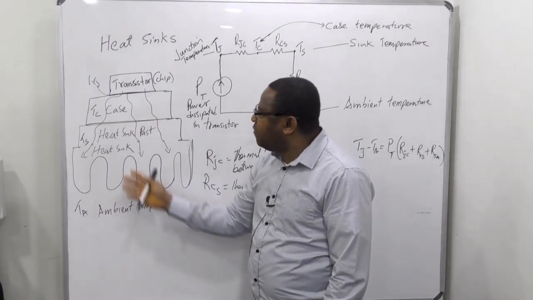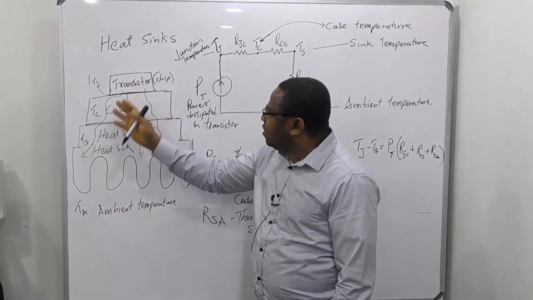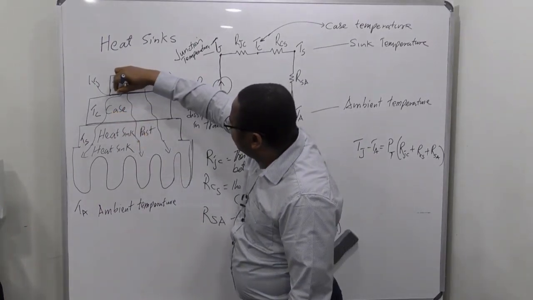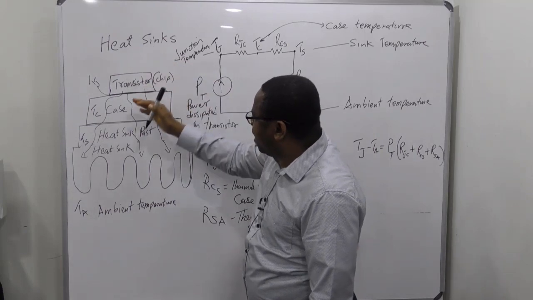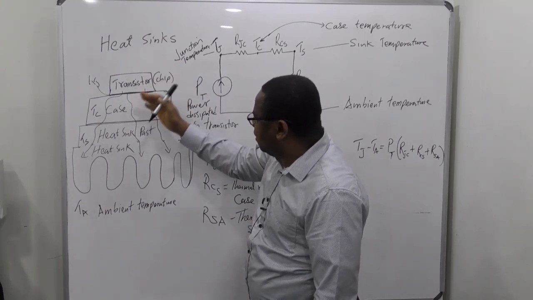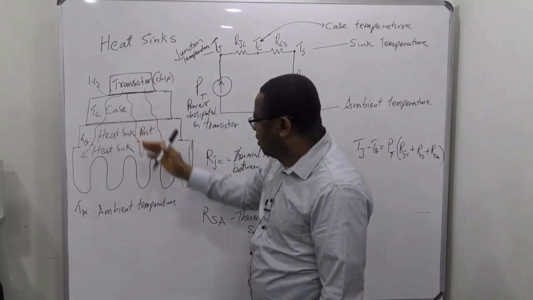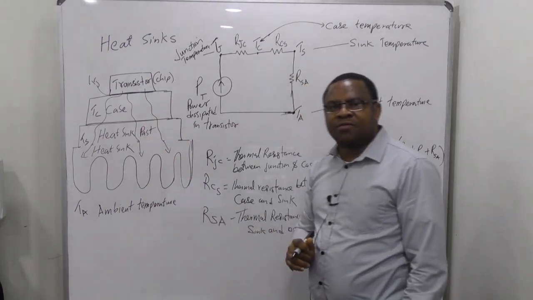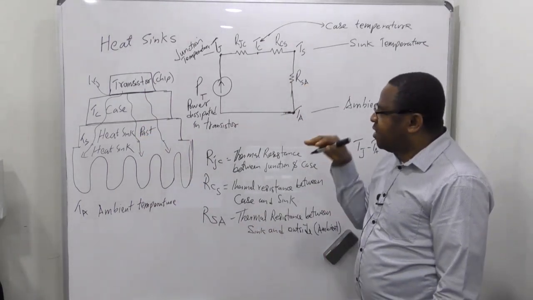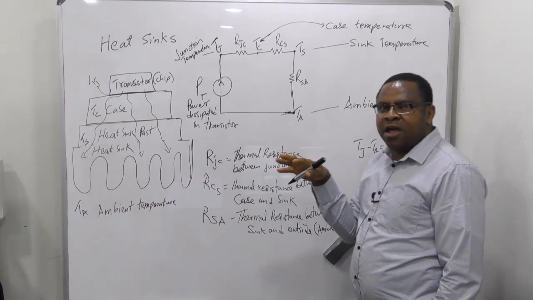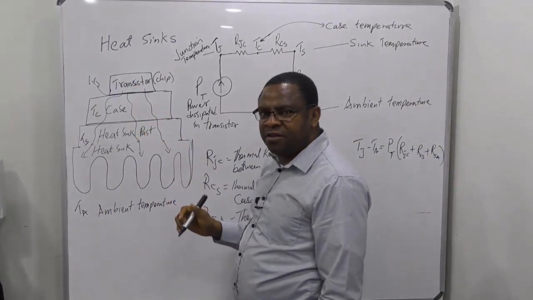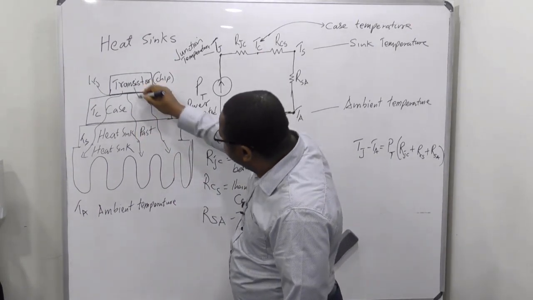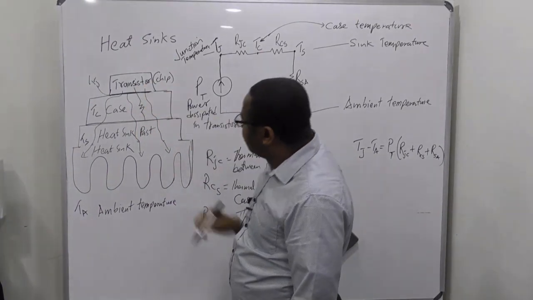Okay, so we have three sections. The junction between the transistor or the microchip and the case, and from the case to the heat sink, and from the heat sink to the ambient. So as the heat flows, okay, there's going to be some resistances against the flow of the heat. So there will be a resistance here in this case.